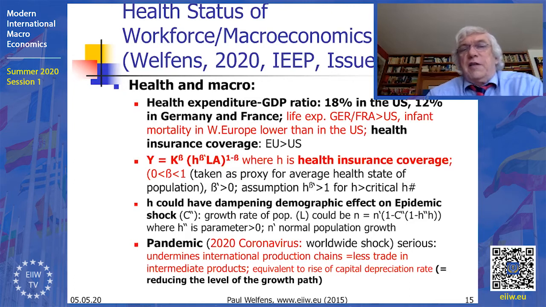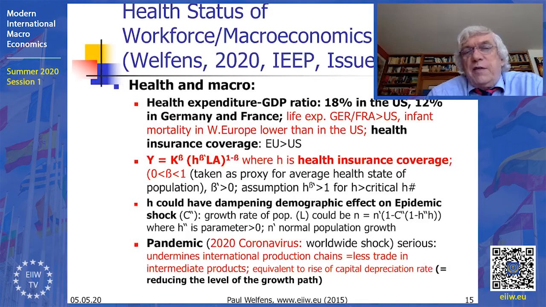Well, I think that health insurance coverage is a good proxy for the average health status of workers. And therefore, I've written here a macro production function, which is a slight modification to what we have normally in textbooks. So here we have k to the power beta, that's standard, and then we have this bracket term.